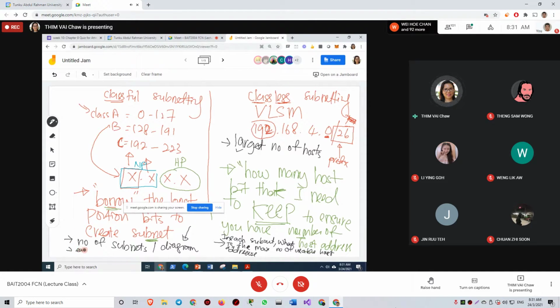Sorry about that. So this is the difference between classful subnetting and classless subnetting.